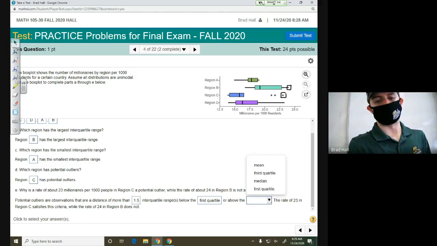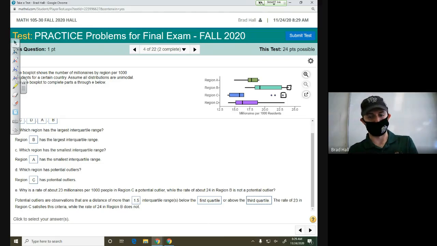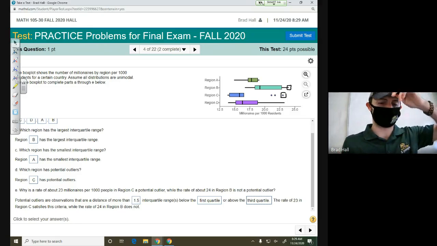So here they're just asking for the definition of the fences, which in a statistical context refer to the boundaries that contain the usual events of information. Everything outside of the fences is considered an outlier.